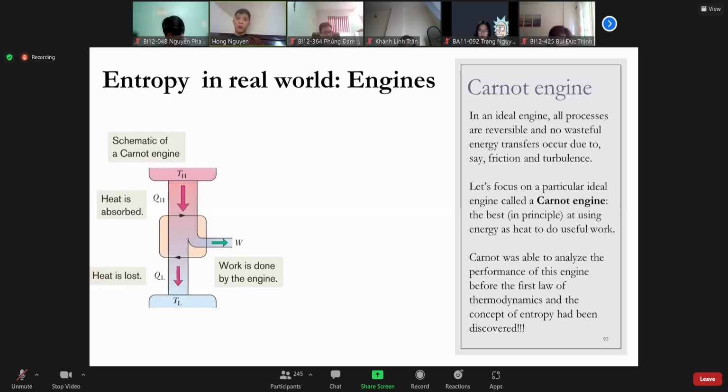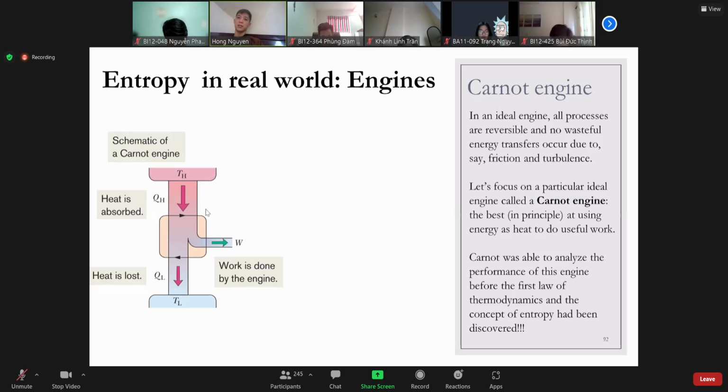So, when we look at the schematic of a Carnot engine, what do we see? We will see two reservoirs here. We call this the hot reservoir, having the temperature TH, and here the cold reservoir having the temperature TL. The heat is transferred from the hot reservoir to the cold reservoir, and a certain amount of heat is used to do work.